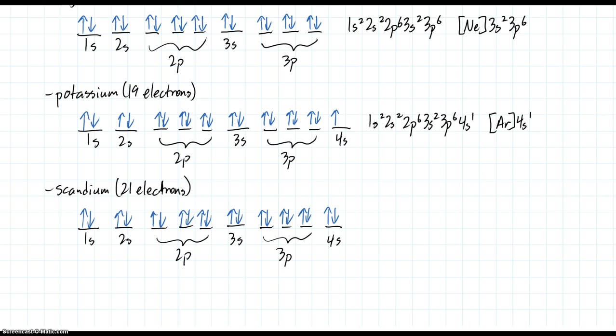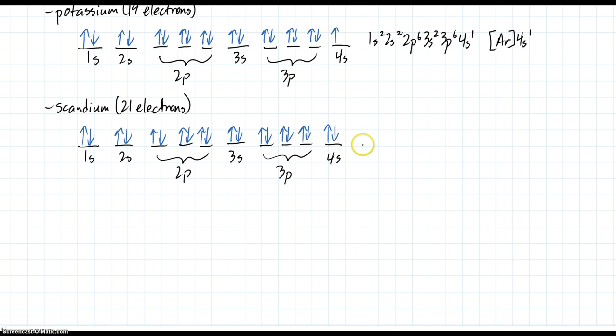So we need to open up another sublevel. The diagonal rule tells us that the next sublevel is the 3d sublevel, which has 5 orbitals. So we draw out our 5 orbitals for the 3d sublevel, and our last, or 21st electron goes in as a spin up in the first of the 3d orbitals.